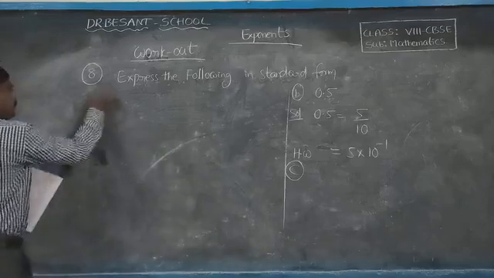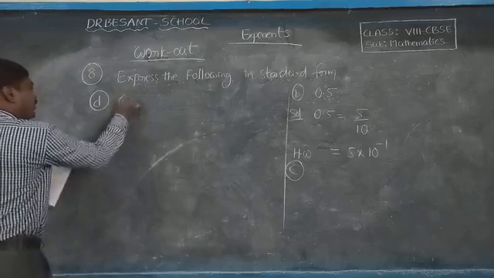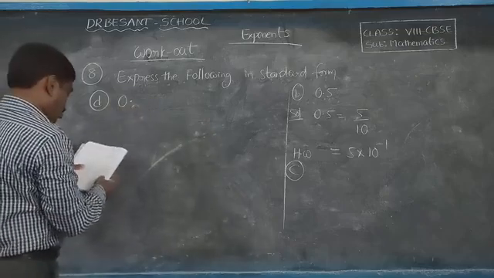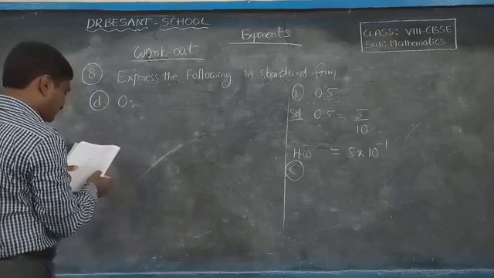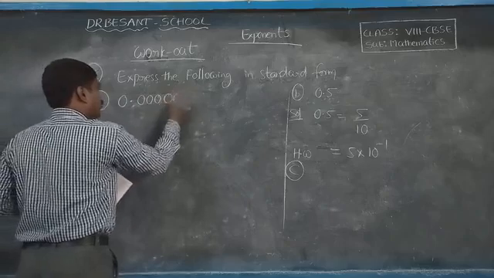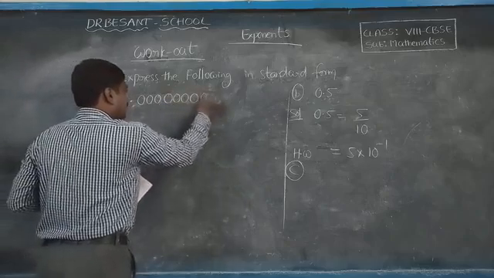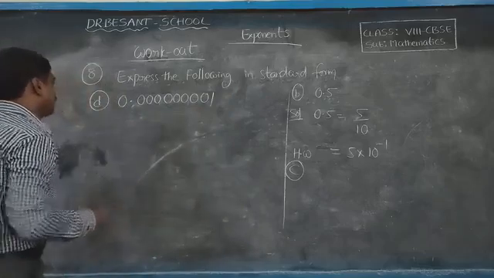D: 0 point, how many zeros? 1, 2, 3, 4, 5, 6, 7, 8 zeros. Again, after 8 zeros, 1.